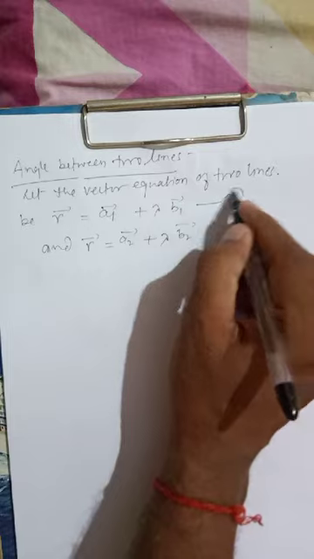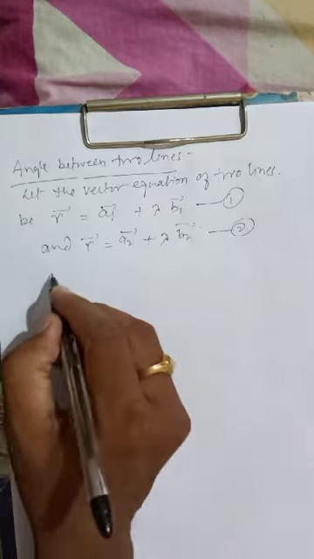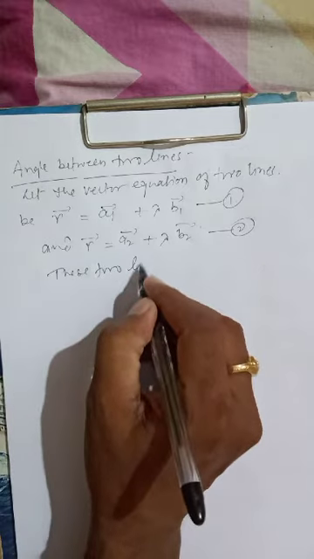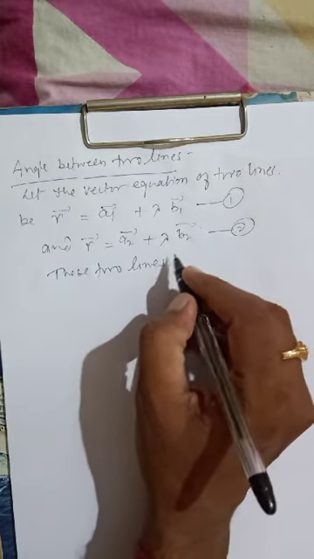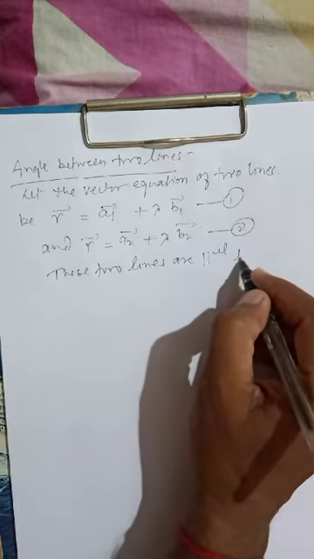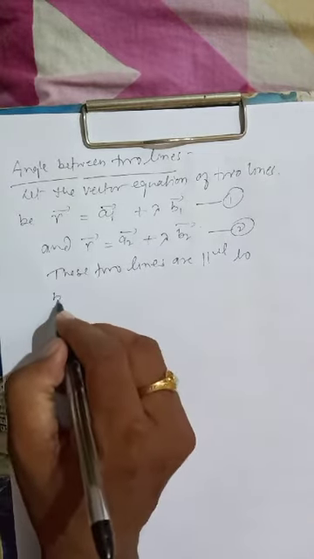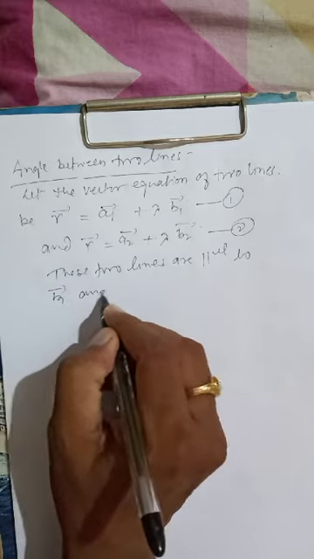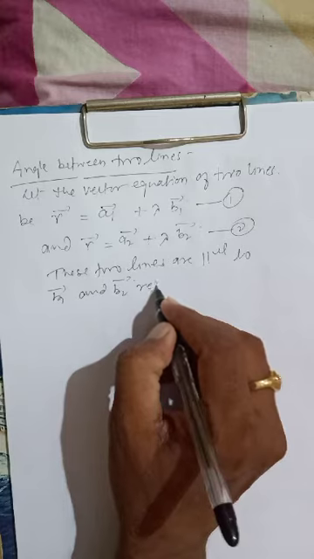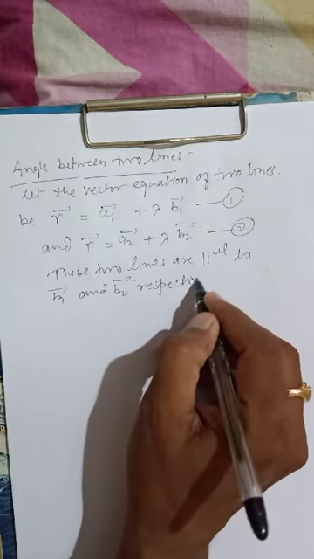These two lines 1 and 2 are parallel to b1 vector and b2 vector respectively.